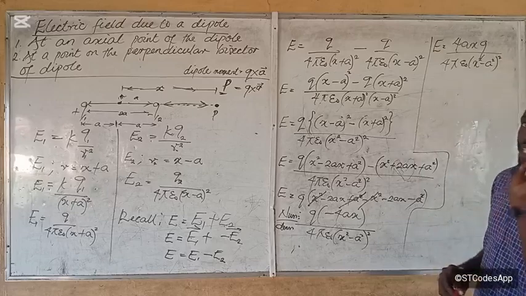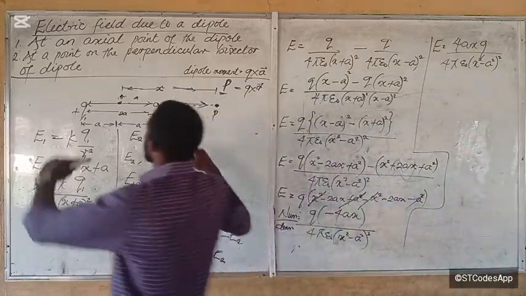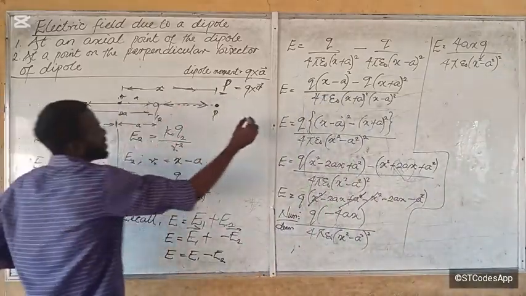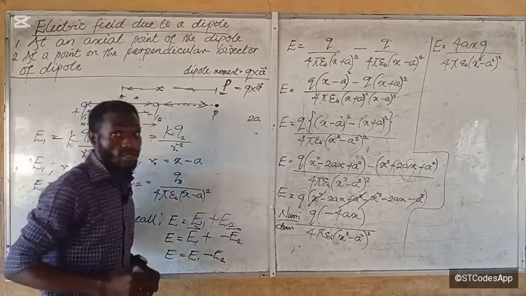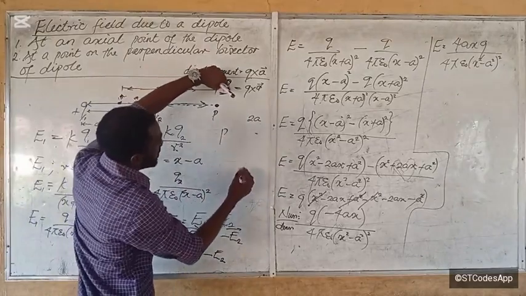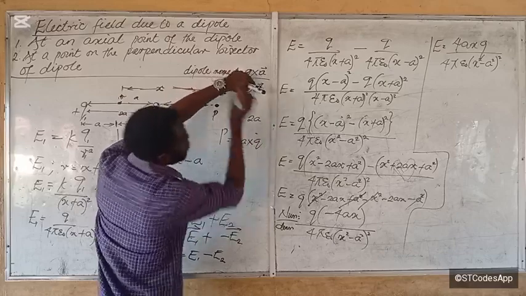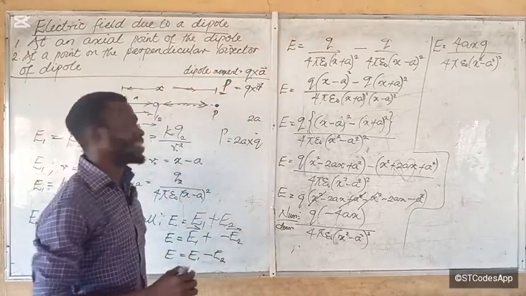Okay? Now there are two things I want to introduce here. Now you know that the distance of separation between our two charges is 2a. Does that make sense? Okay. So our dipole moment here is going to be 2a, which is the distance, times q. Does that make sense? All right.